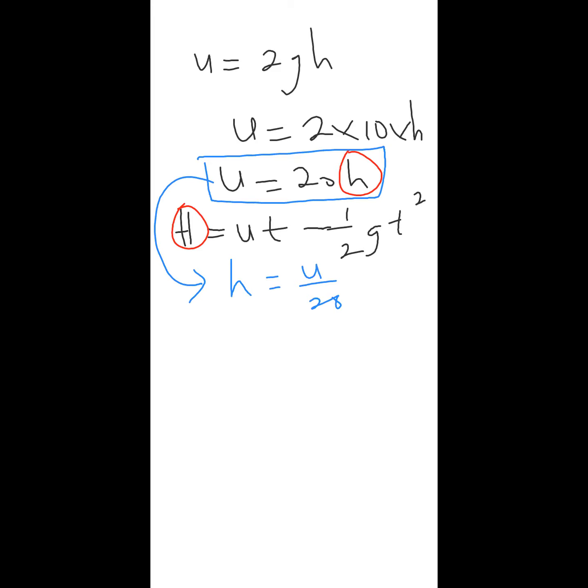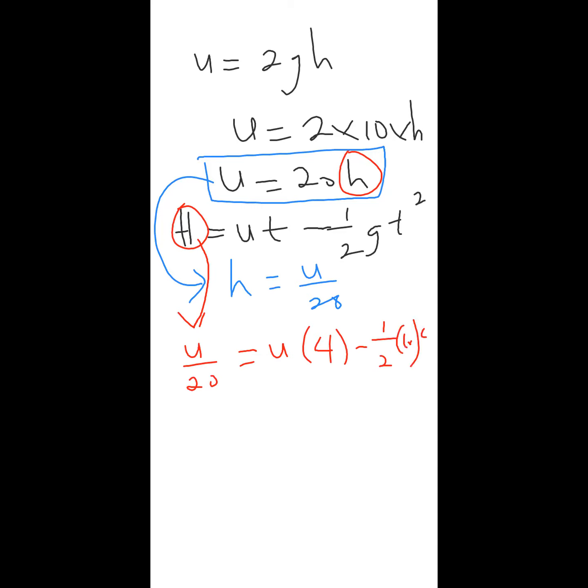So u over 20 is equal to u into bracket 4, since we're given the time to reach its maximum height as 4, minus 1 over 2 into bracket 10, then 4 squared.